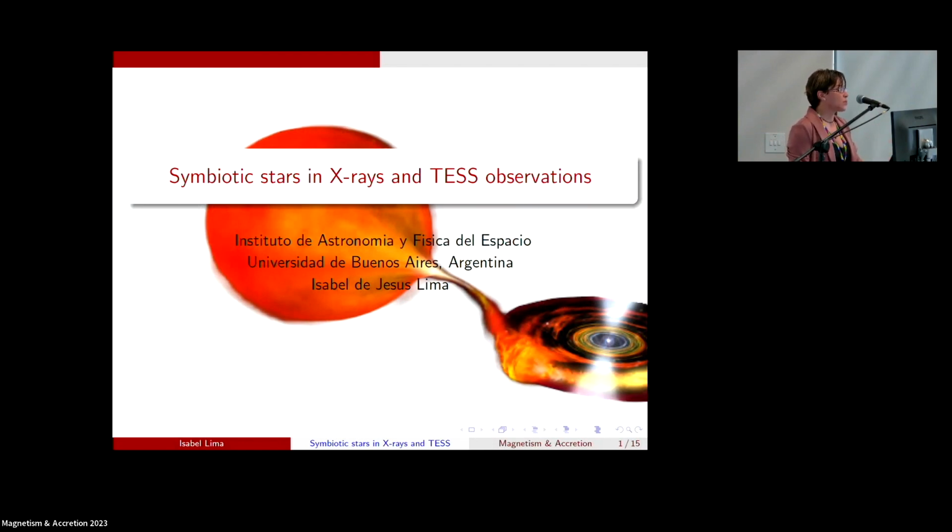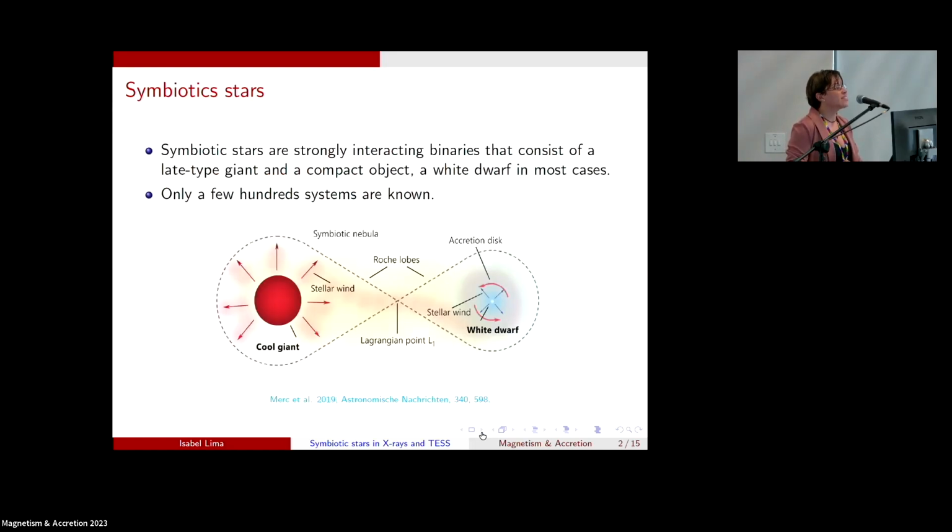I'm a postdoc from Argentina, and I will be talking about X-ray and TESS data for some symbiotic studies. Symbiotic stars are a kind of CV occurring on a huge scale. I mean, they are compact binary systems, but instead of a main sequence star, we have a red giant as a secondary.